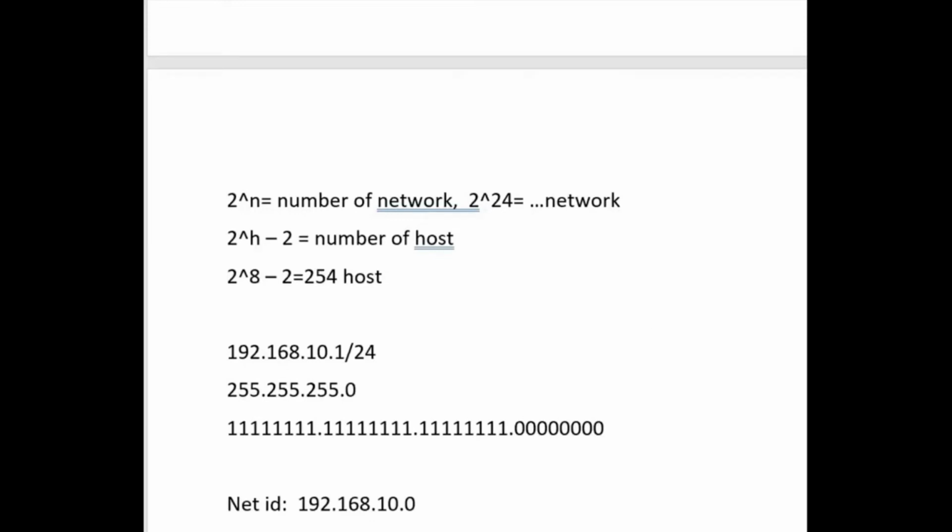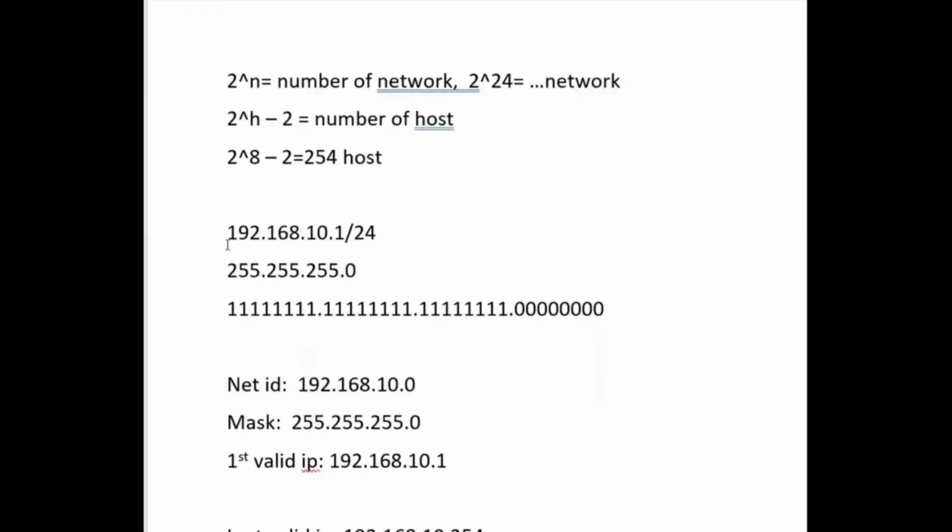So from this number, this is the breakdown. This is the decimal number where we get the mask, because this is the default mask for this class. Then if you do the binary, it actually looks like this. Based on the formula, we can see how many networks and how many hosts we will be able to create.